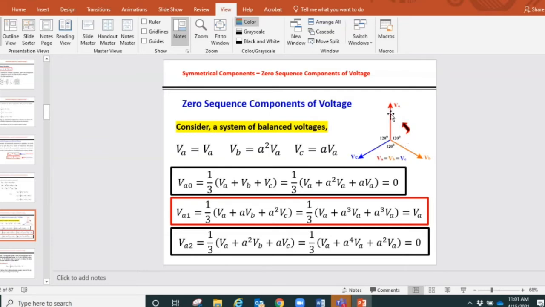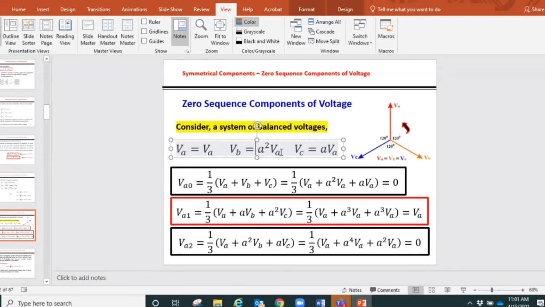From this phasor diagram, using the complex number operator a and phase A as the reference, I can express all three phase voltages VA, VB, VC in terms of the reference voltage VA and the complex number operator a. So our equation for VA is equal to VA, because it's the reference phasor that I have used.